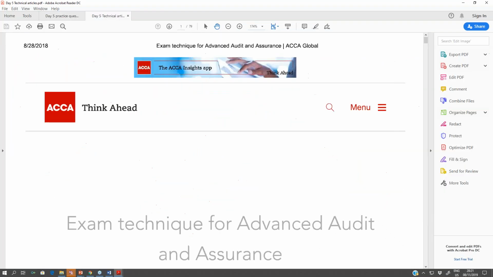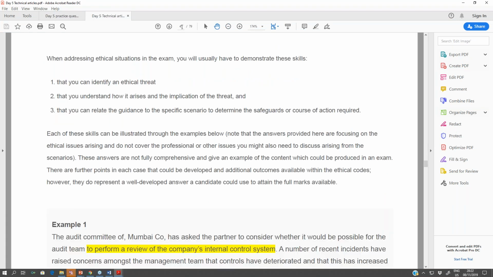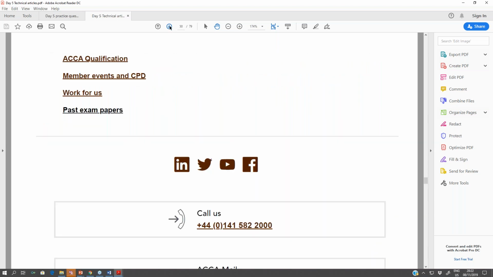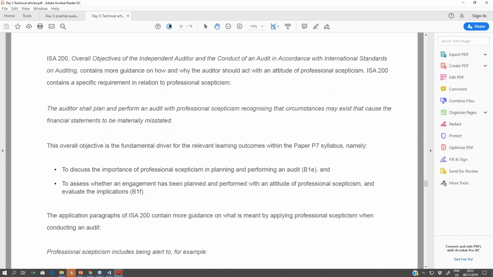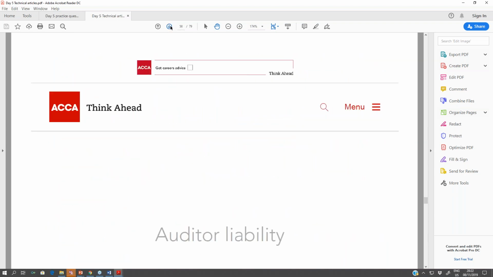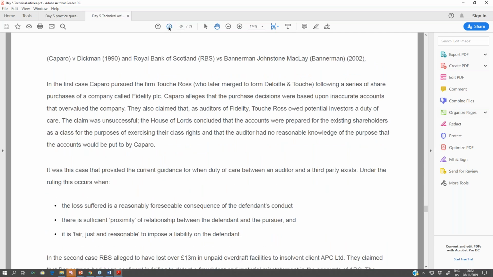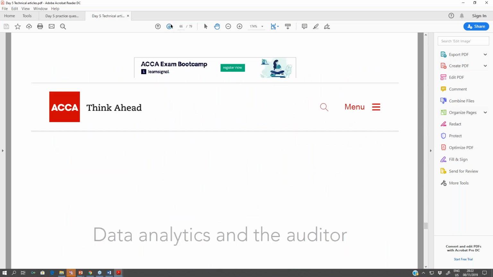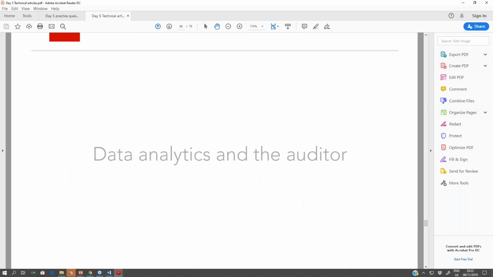Okay, I've shared this within my technical articles today as a resource. So if I just scroll down and reach this article, which has been shared with you on data analytics for a proper analysis, right here.